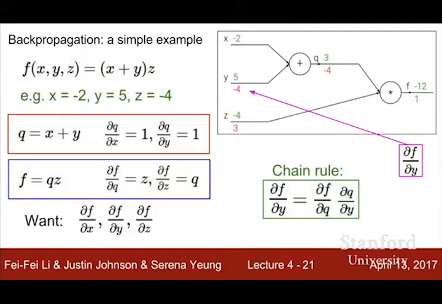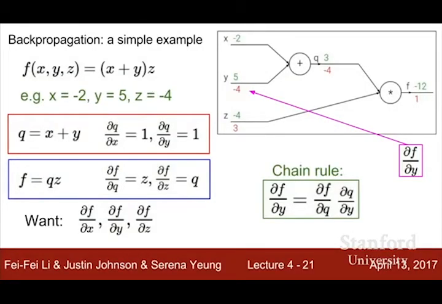The intuition is that to find the effect of y on f, we take the effect of q on f, which we already know, df over dq is equal to -4, and we compound it with the effect of y on q, dq over dy. So what's dq over dy equal to in this case?